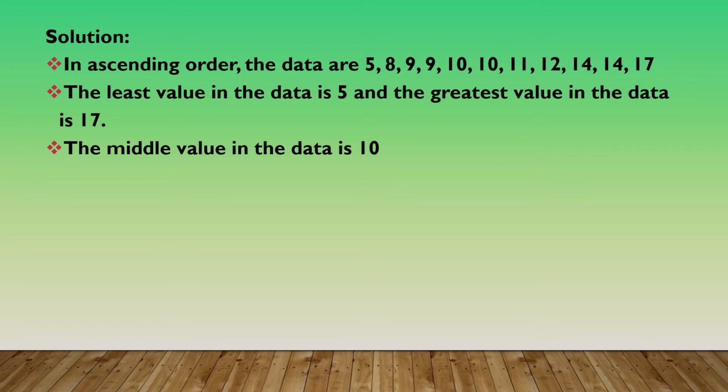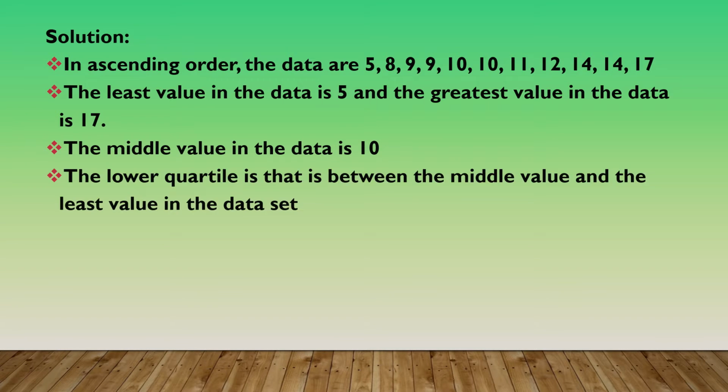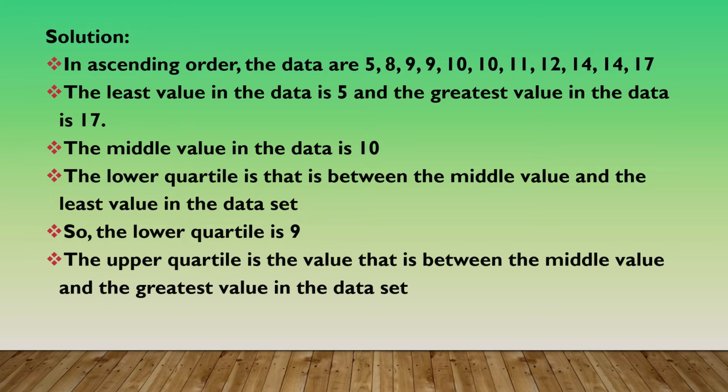The middle value in the data is 10. The lower quartile is between the middle value and the least value in the data set. So, the lower quartile is 9. The upper quartile is the value that is between the middle value and the greatest value in the data set. So, the upper quartile is 14.